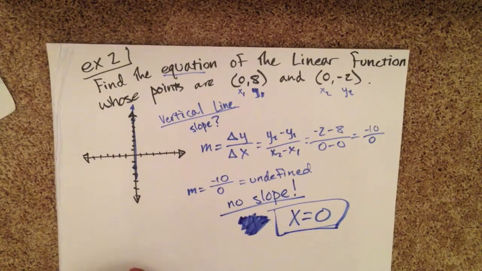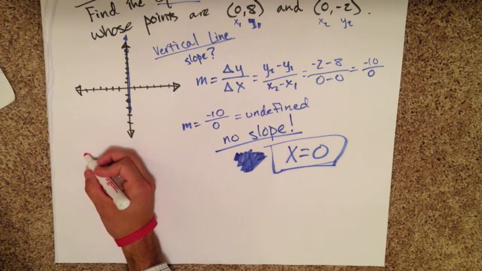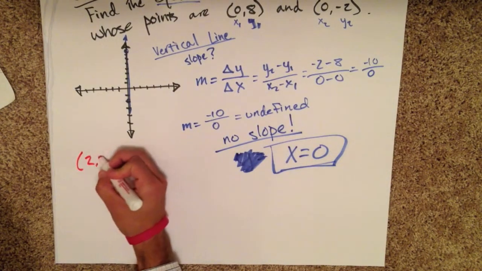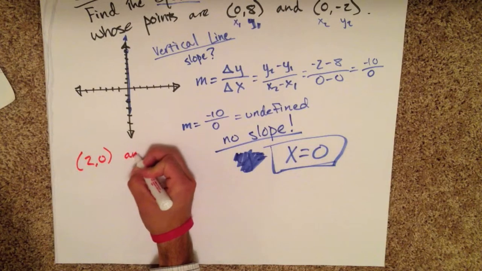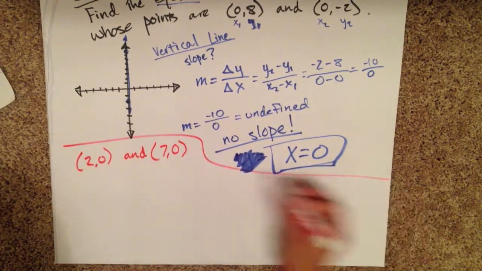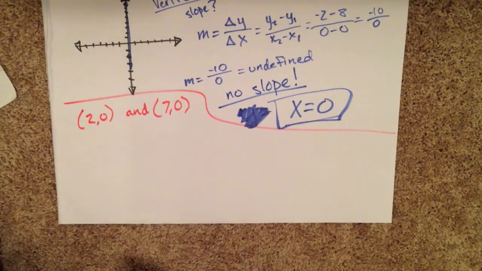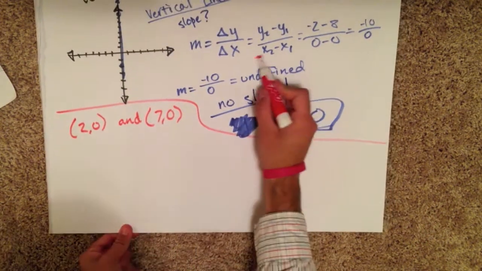Now let's try another very similar one. What if you had points 2, 0 and 7, 0? Let's try plugging these into our equation for slope.